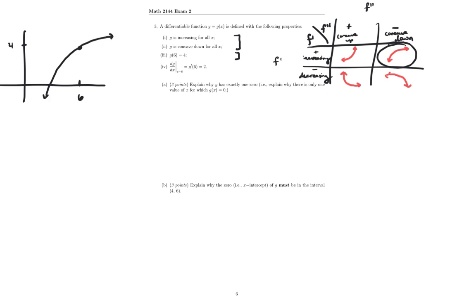Okay, and then I know that the derivative right here, using that last bullet point, g prime of 6 is equal to 2.